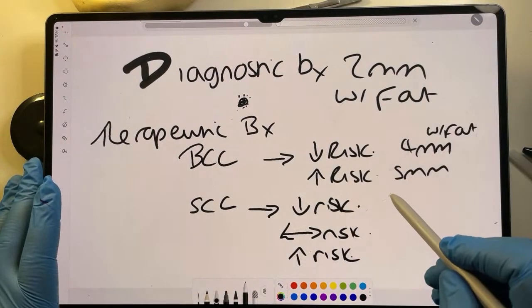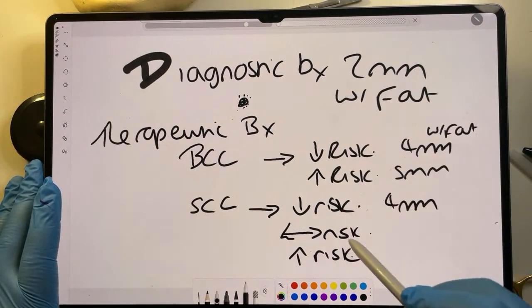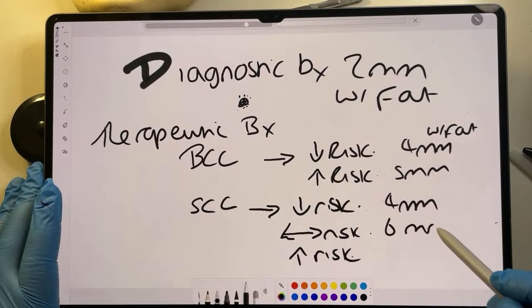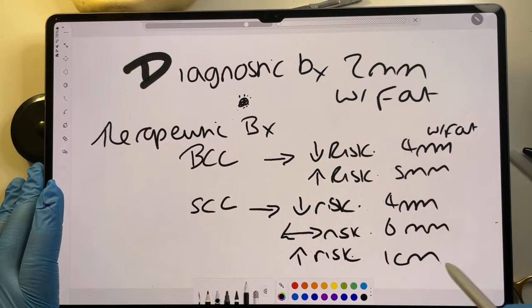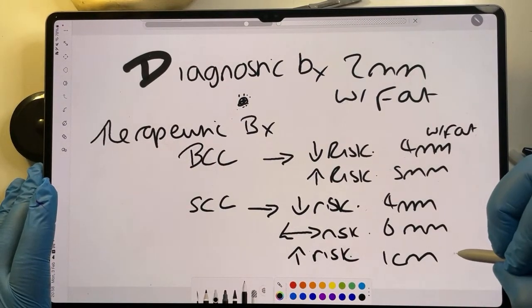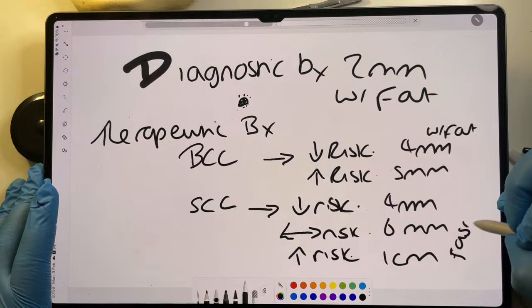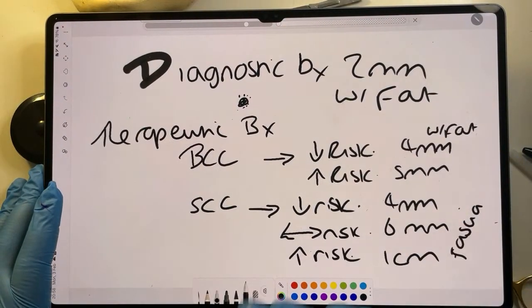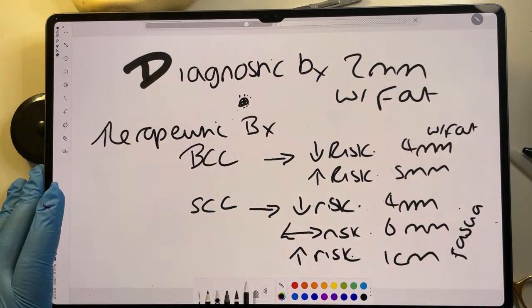Low risk, you take off with 4 millimeters. Intermediate risk, you take off with 6 millimeters. High risk, take off with 1 centimeter. These are all down to the next fascial plane. But if you're going to do a skin graft on top of it, you may as well do it to the deepest plane that will take a skin graft.